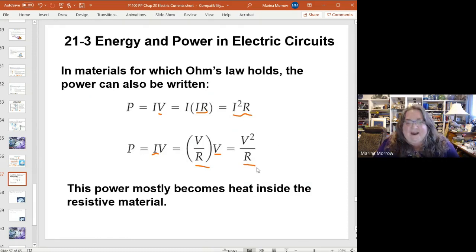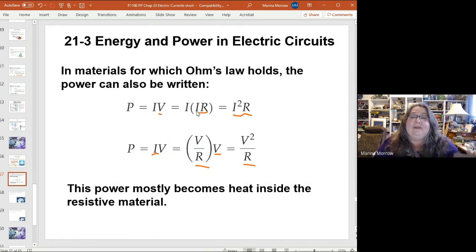Now, why do we care? Well, sometimes you might have a homework problem where it asks for the resistance of a device, and all you're given is the voltage and the power, for instance. So let's say that I had a 100 watt light bulb and the voltage in the house is 120 volts, and I just want to find the resistance.